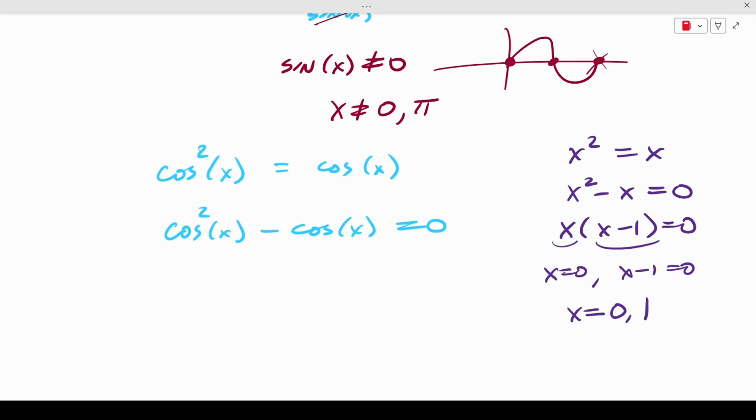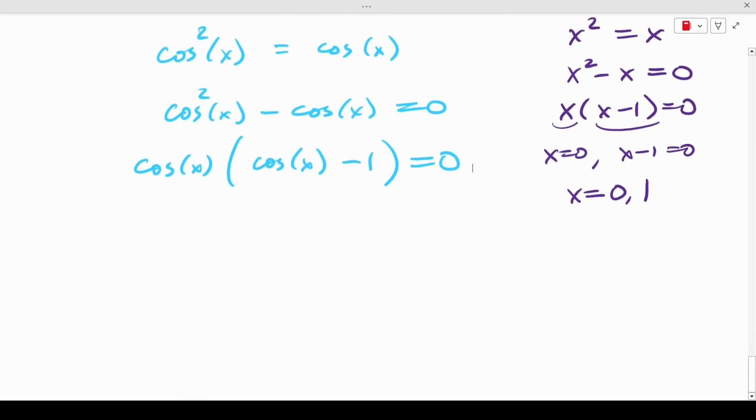What do I have to do? Subtract cos x from both sides. Now I can factor out my cos x, and I'm left with cos x times cos x minus 1. Now, if you want to use a dummy variable, you could. In fact, the whole dummy variable approach is right here in purple. So I've got this here. Now, how could that equal 0?